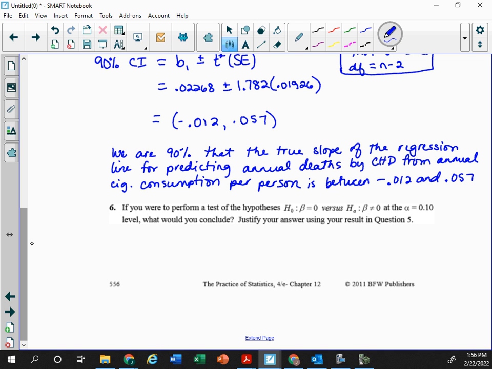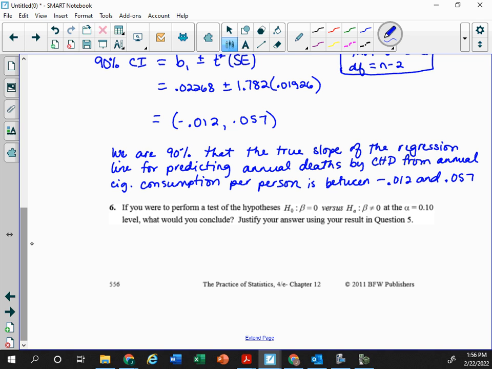Like it's between negative 0.012 what? Deaths. Like for every additional cigarette consumed, deaths either go down by 0.012 or go up by 0.057. Okay, it's just somewhere in that range. Yep. It's a weird result.